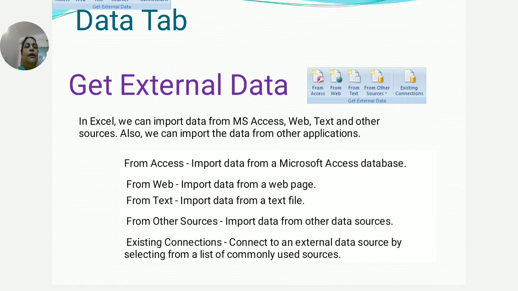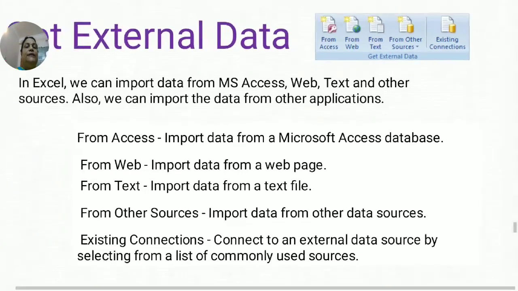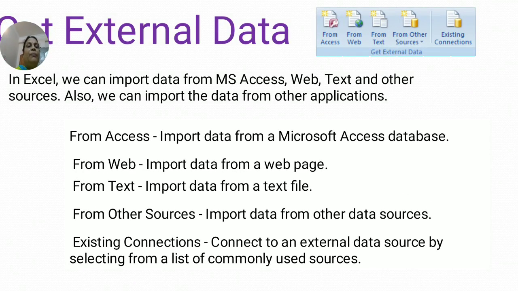Let us see each and every command's function. From Access, import data from a Microsoft Access database. From web, import data from a web page. Another command is from text, import data from a text file. Another command is from other sources, import data from other data sources.